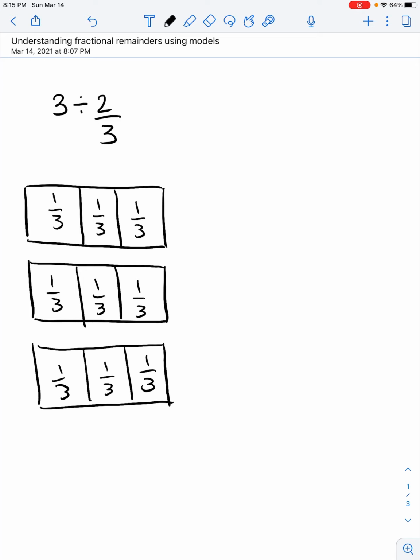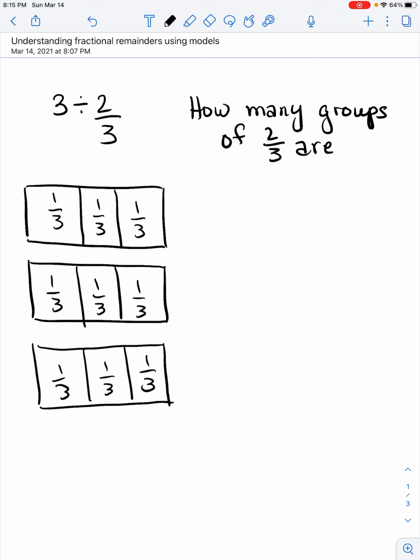I'm looking for, and this is very important, I'm looking for how many groups of 2/3 are in 3. Okay? And so here we go.